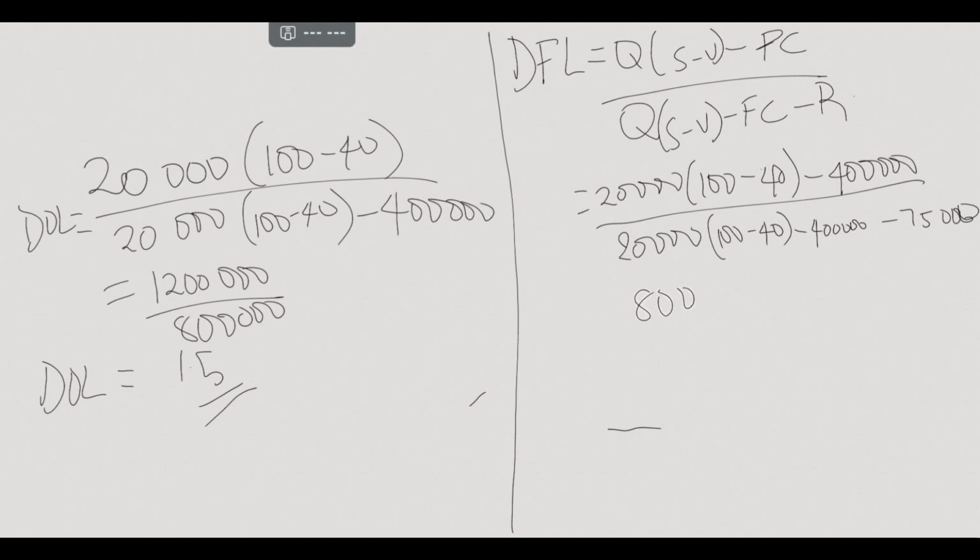And so we have 800,000 divided by 75,000. When you calculate it and do the division, it gives you 1.1034. And so your degree of financial leverage is given as 1.1034.